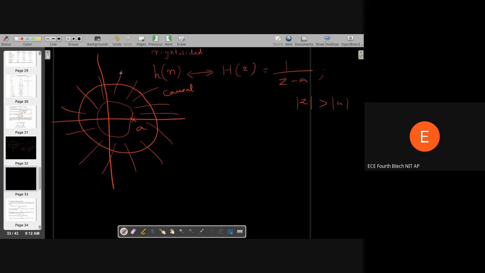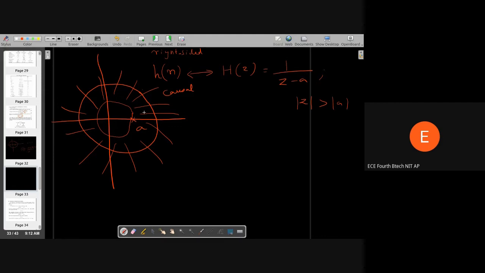Even if it does not include the unit circle, it is possible that the system might be stable, but this is a guarantee: if the unit circle is included in your ROC, then it is a stable system. So let's assume it's a stable, right-handed, causal system, and it is a real pole within the unit circle.